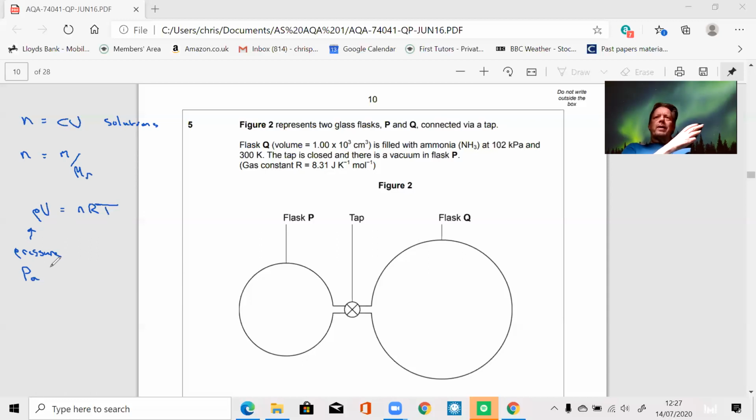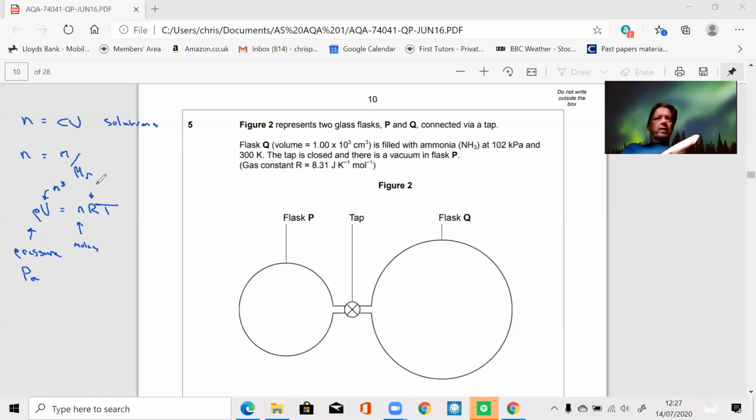So instead of kilopascals, we want just pascals. Volume, we want meters cubed, not centimeters cubed or decimeters cubed. It's got to be meters cubed to work in this equation. n, same as the others, is moles.